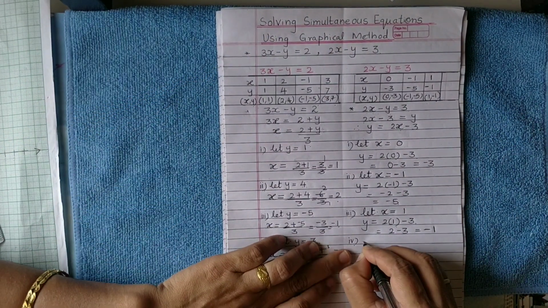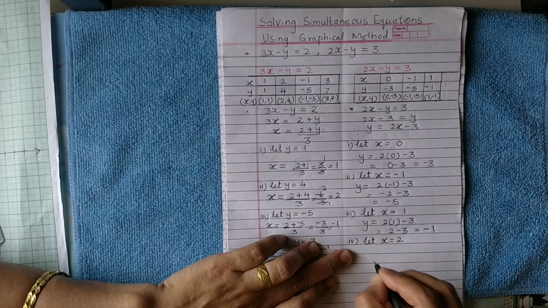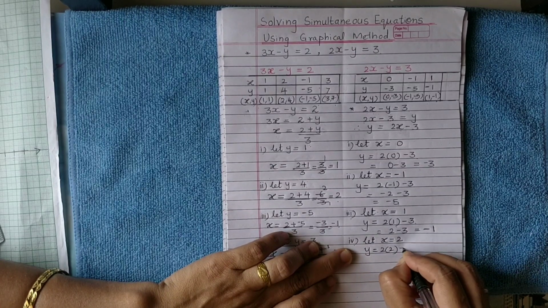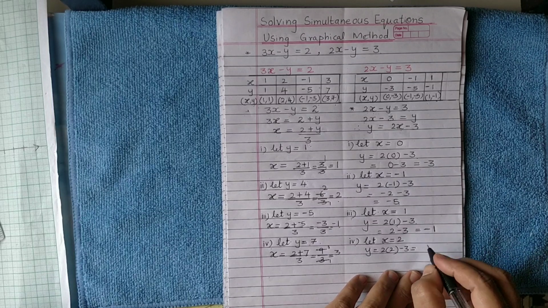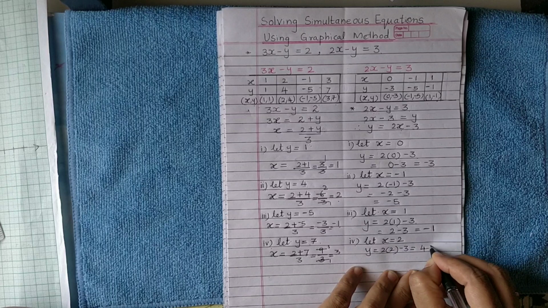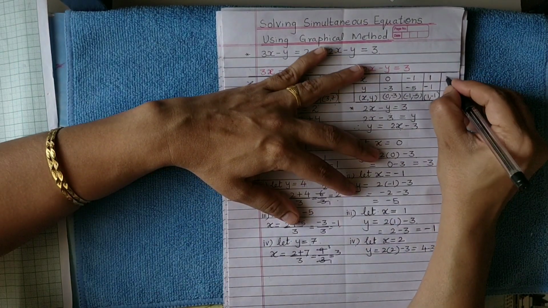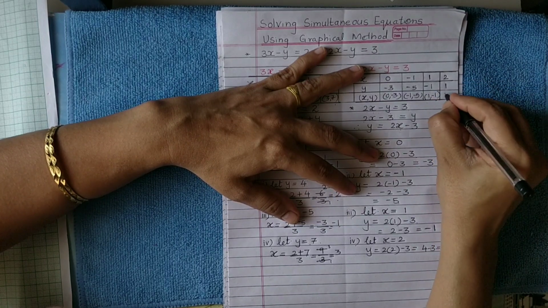Now any value of your choice you can take. Let x be say 2. So y will be 2 into 2 minus 3. So 4 minus 3, that is 1. So coordinates are 2, 1.